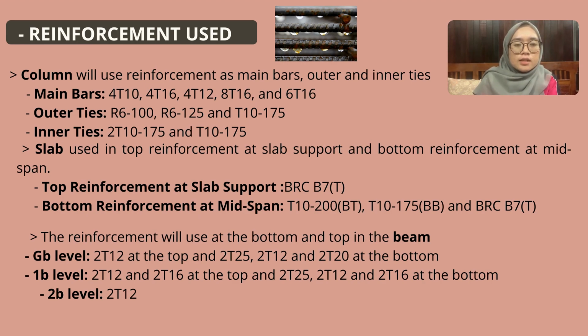Last but not least, the reinforcement used at the bottom and top in the beam has different types at each level. Two T12 at the top and two T25, two T12 and two T20 at the bottom were used for GB level, while at 1B level it used 2 T12 and 2 T16 at the top and 2 T25, 2 T12 and 2 T16 at the bottom, and at level 2B it used the same type of reinforcement at top and bottom, which is 2 T12.